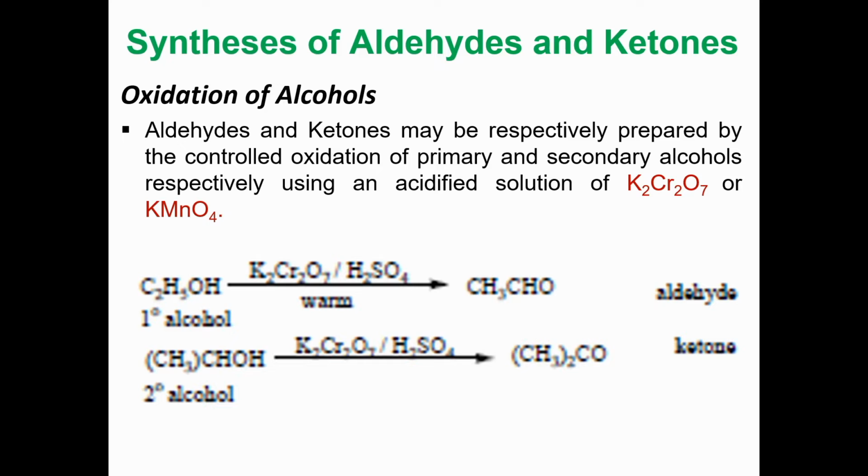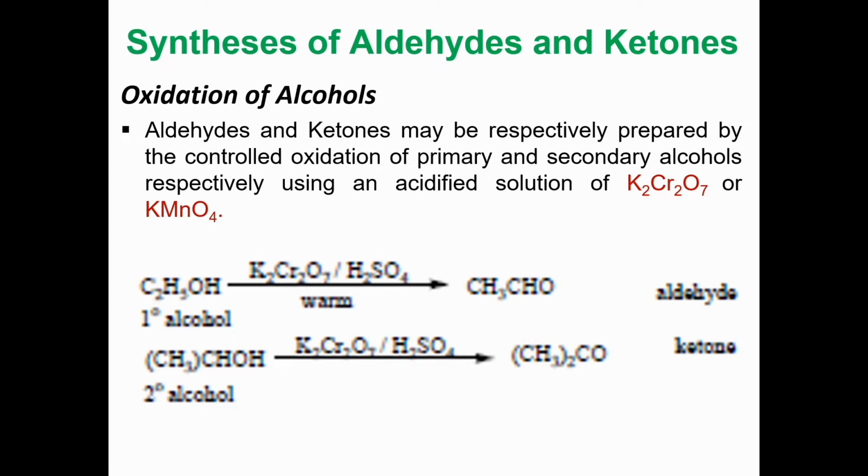But in primary alcohol, when this aldehyde is synthesized and is not removed immediately, the reaction continues and forms carboxylic acid. So that is why oxidation of primary alcohol is termed to form carboxylic acid, because the aldehyde produced, if not removed, will continue with oxidation until all the hydrogen is removed and carboxylic acid is formed.